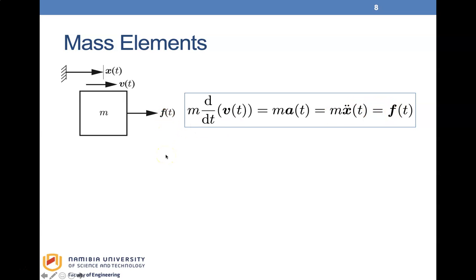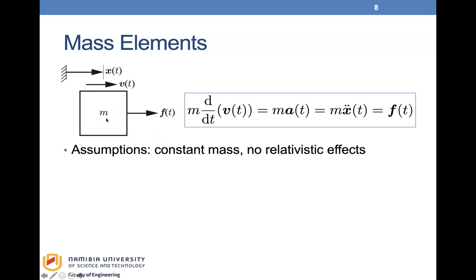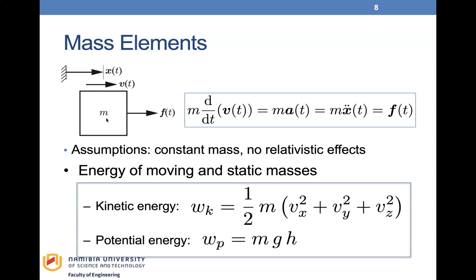So simply, F equals m a applied to this mass. The assumption is that the mass is constant with no relativistic effects. So the mass remains constant. It's not compressing and expanding.